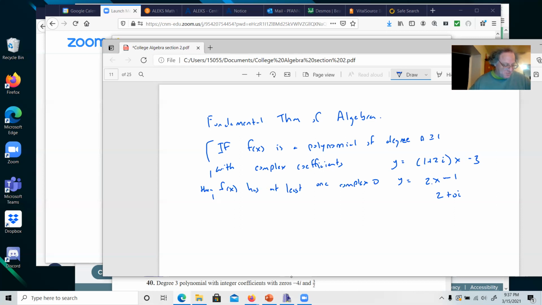Okay, thanks. That's helpful. We can go on to say, okay, this is another theorem, about the number of zeros a polynomial has. If f of x is a polynomial with degree n, and it has complex coefficients.